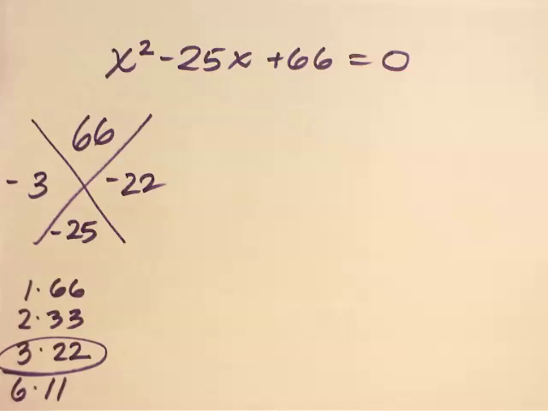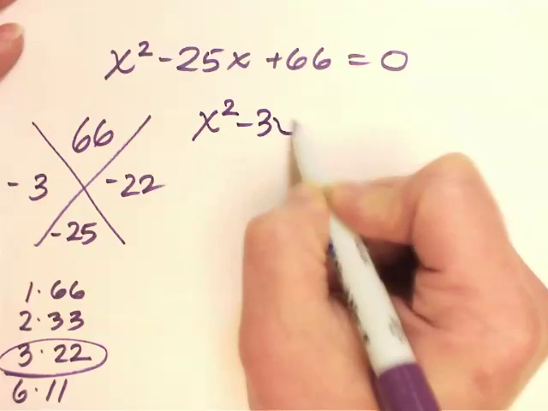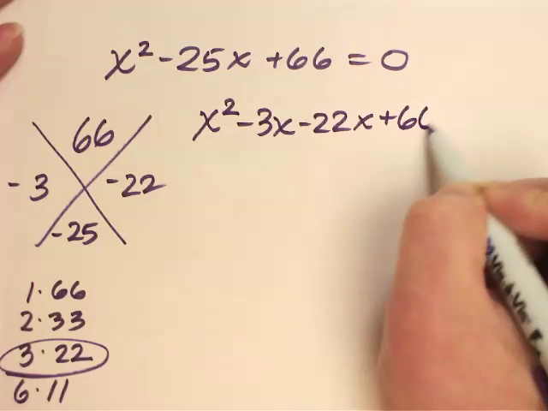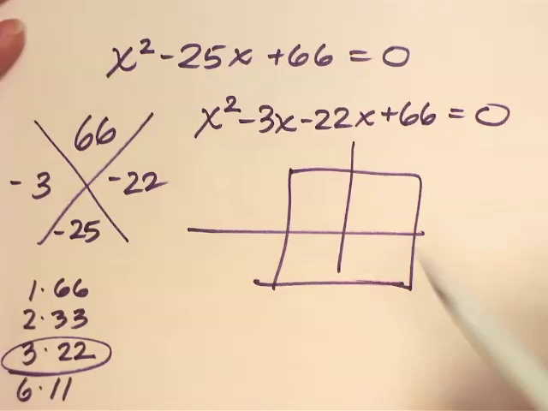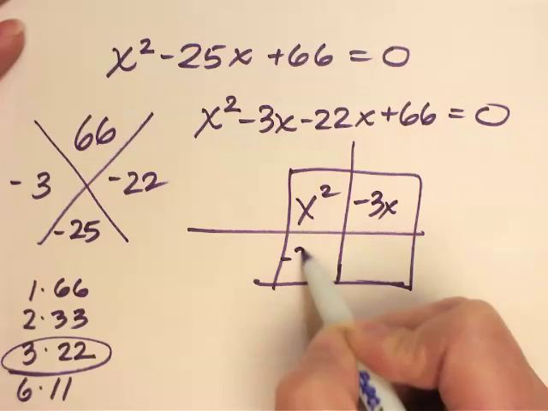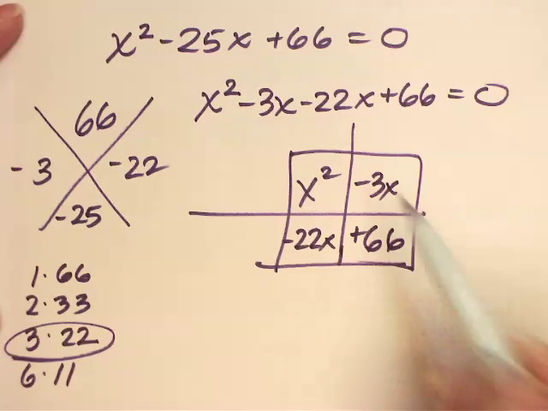Let's go ahead and replace that now. So I get x squared minus 3x minus 22x plus a 66 equals 0. Now the box of my x box. So I get an x squared minus 3x minus 22x plus 66. And I'm going to start factoring.